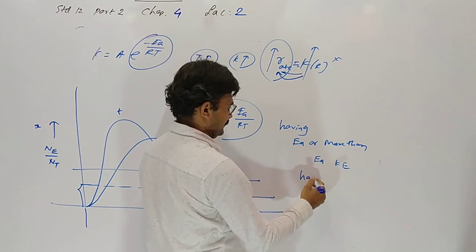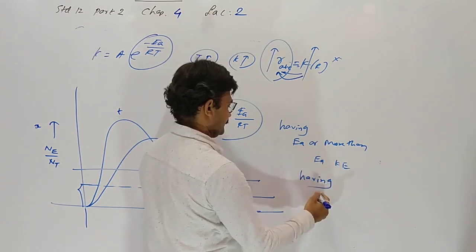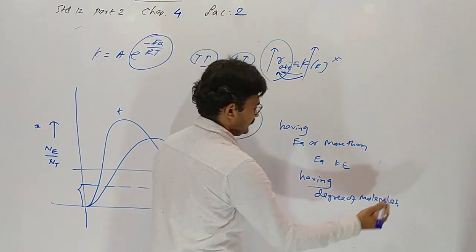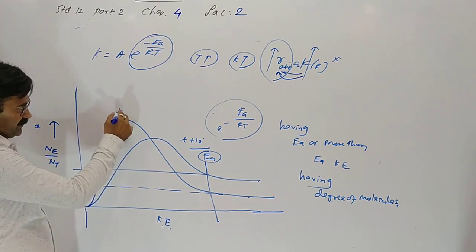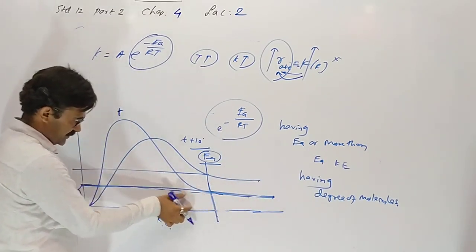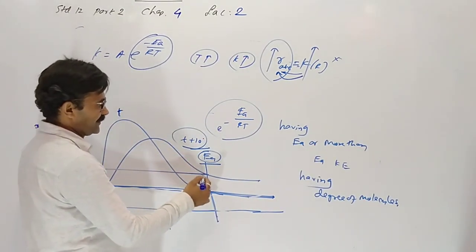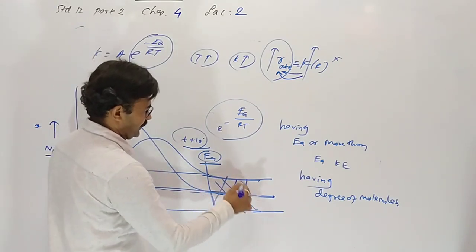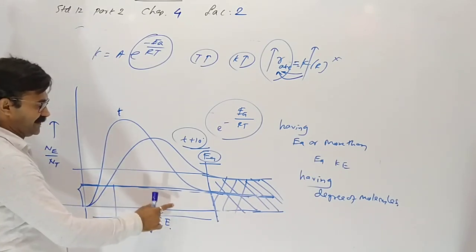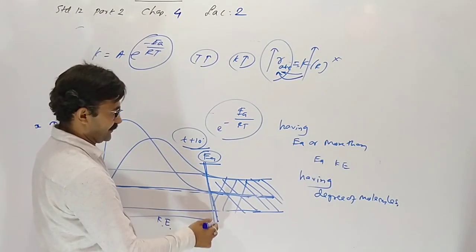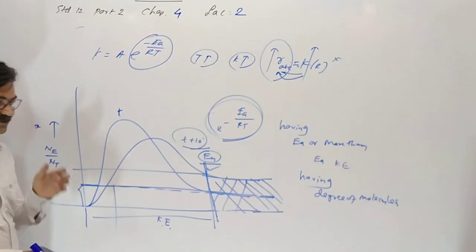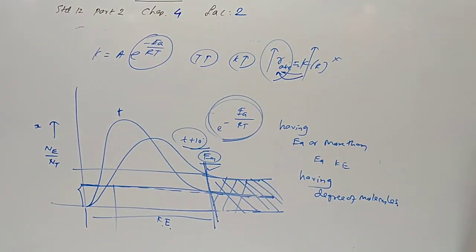Only by increasing 10 degrees, it became double. Molecules having low or intermediate kinetic energy are not taking part in the reaction, they do not collide effectively, but those having Ea or more are taking part in the reaction, and the reaction becomes faster.